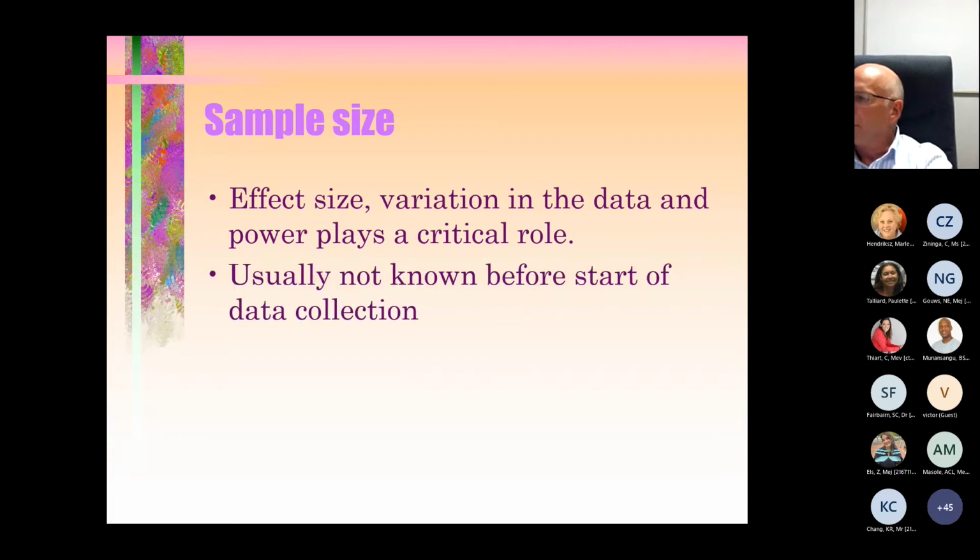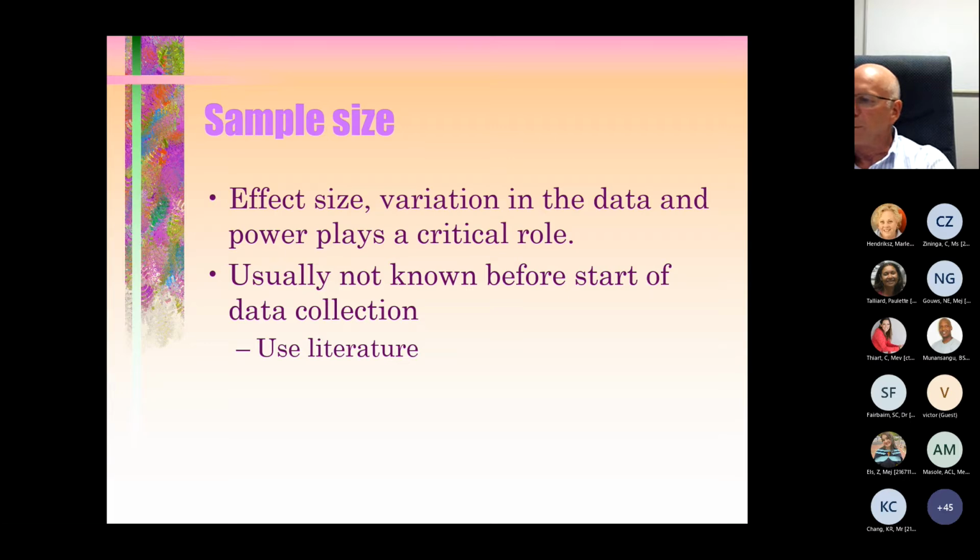And this kind of information is usually not known, because it almost becomes a chicken and egg situation, in that you actually already need to know what your results are to be able to do a sample size calculation. So what one would usually do is either look in the literature to see if other people have measured the same things that you are measuring, and what means and standard deviations they report.